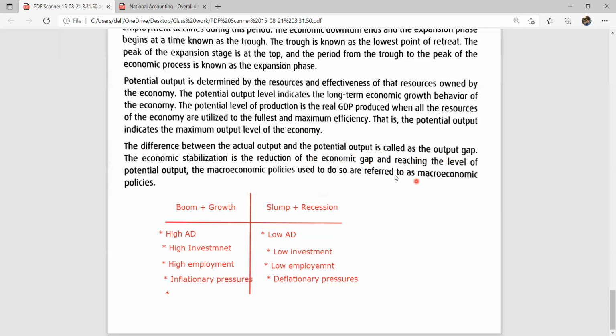Here we consider the output gap between the actual level and the potential level. Economic stabilization is a reduction in the output gap, reaching the level of potential output. The policies used to do so are referred to as macroeconomic policies.